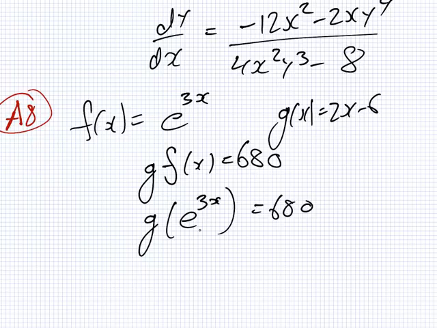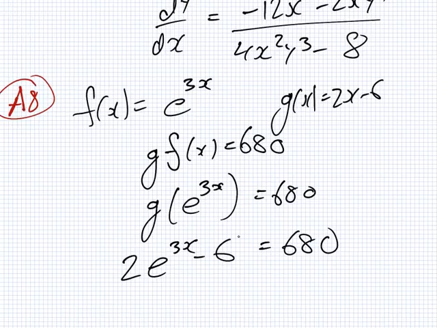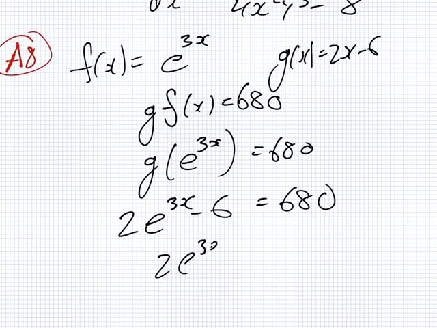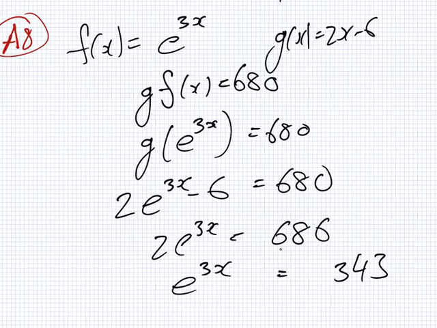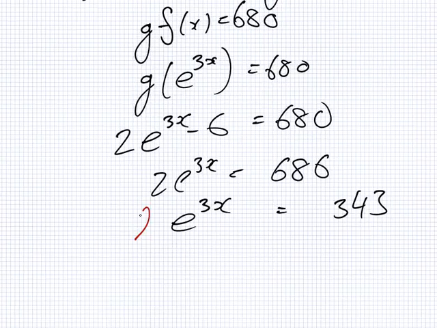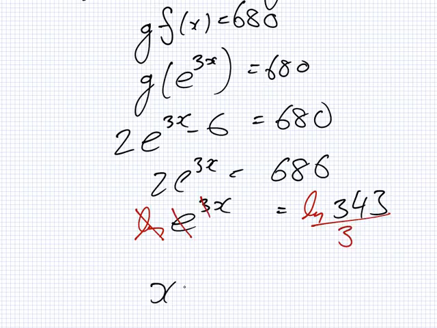And then when we put this into g, we get 2e^(3x) minus 6 equals 680. So we get 2e^(3x) equals 686. So e^(3x) equals 343. So log, cancel, divide by 3. So we have x equals 1/3 log 343.